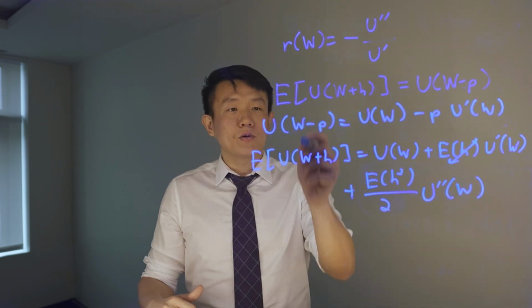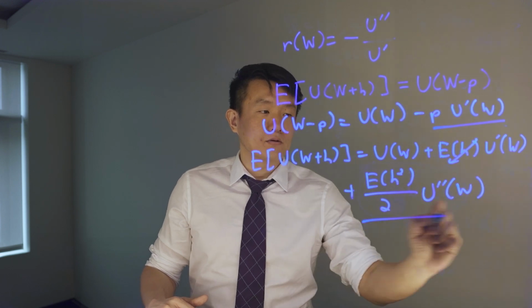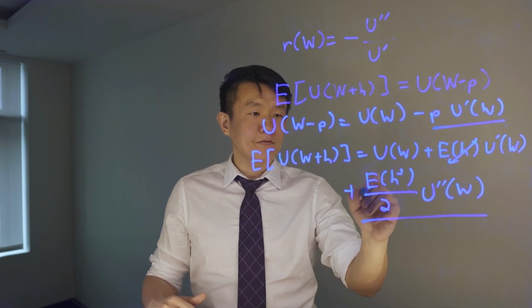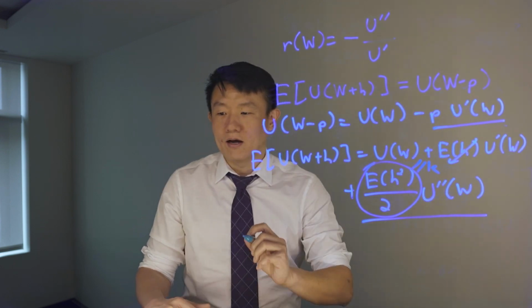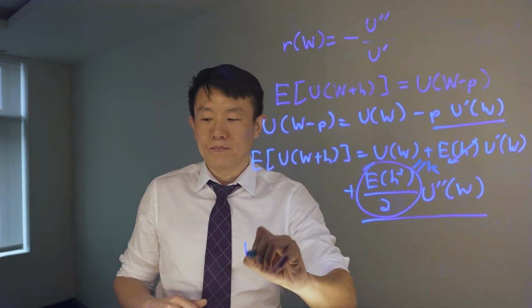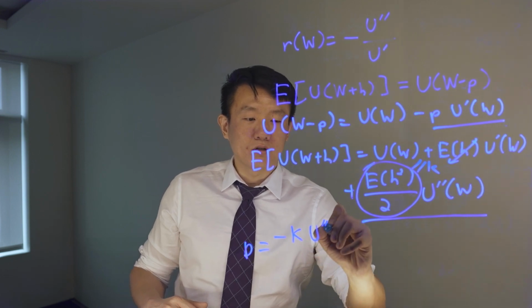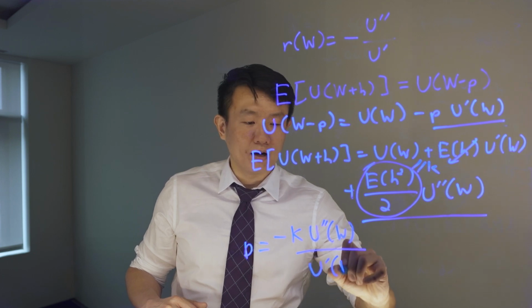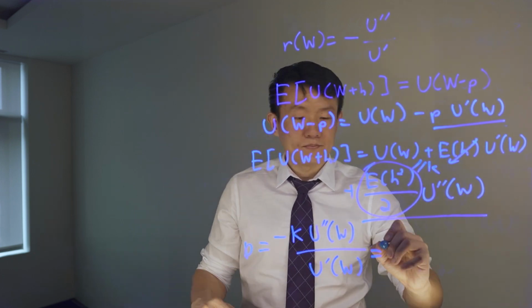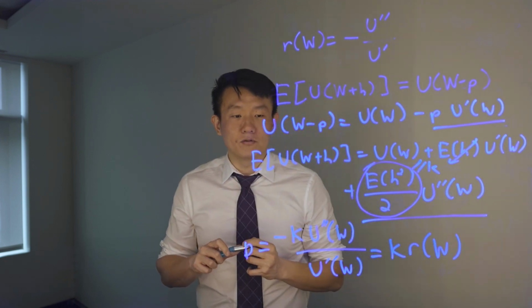If we set these two expressions equal to each other, we just get that this term has to equal this term. And if we let this whole thing just equal K, we're going to have that P is equal to minus K U double prime of W over U prime of W, or K times the coefficient of absolute risk aversion.